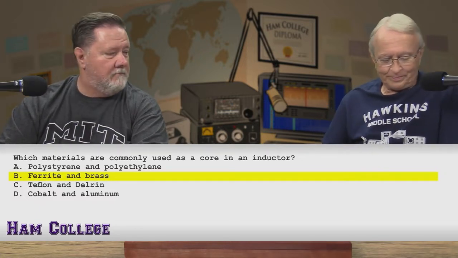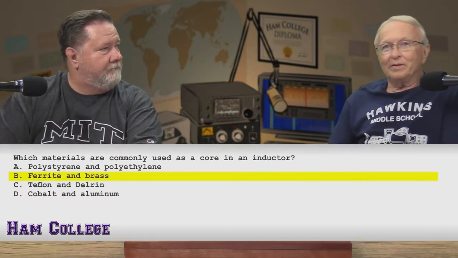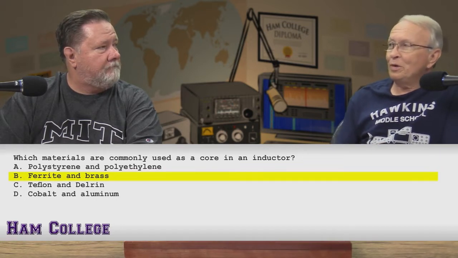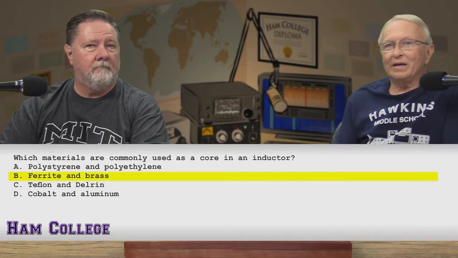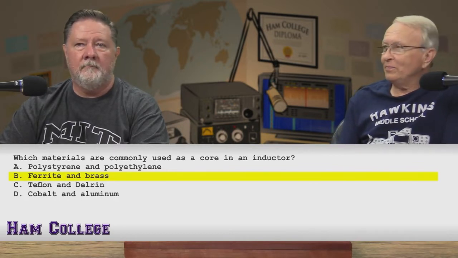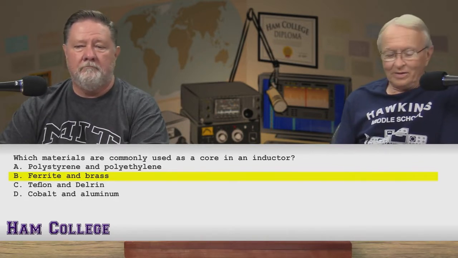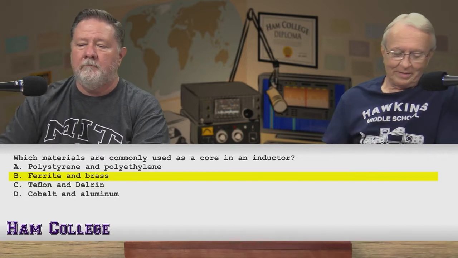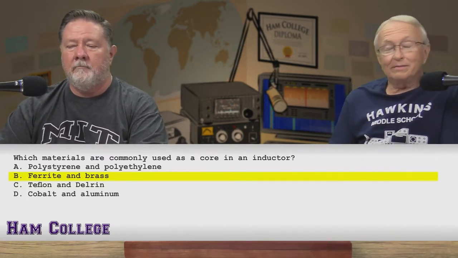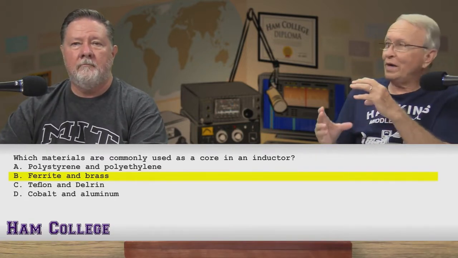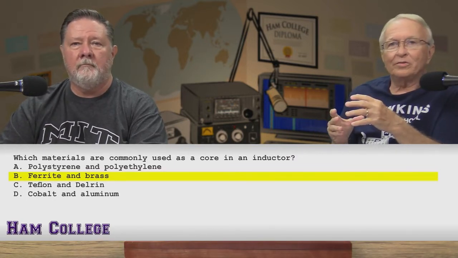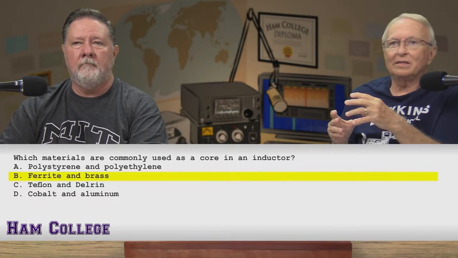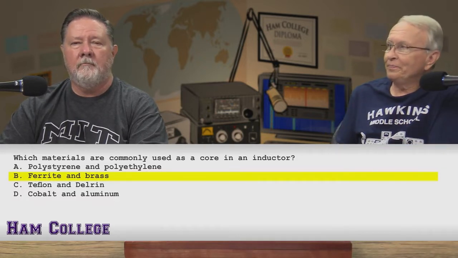And actually, a ferrite has a high permeability. Brass has a negative permeability. So between the two, they can come up with just the right combination to get the inductance or the permeability that they need in that inductor.